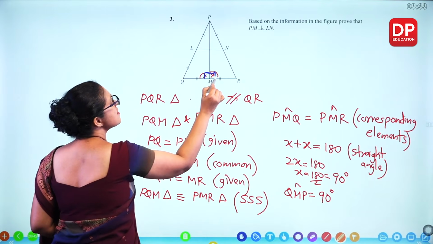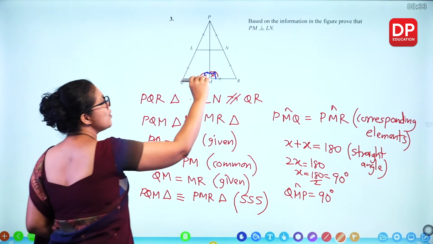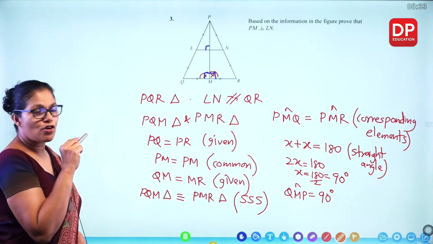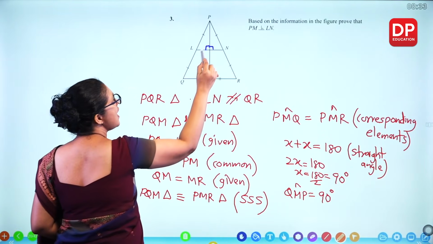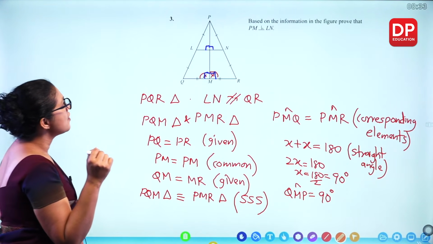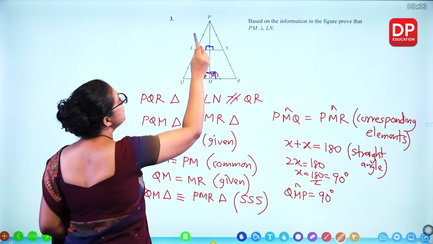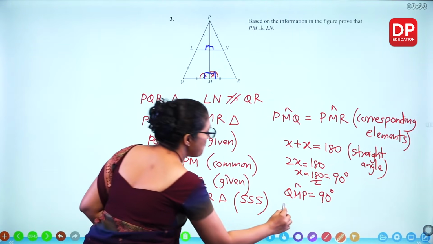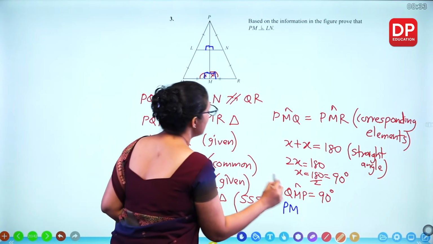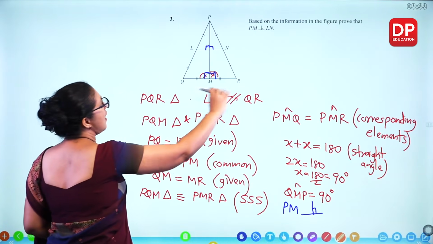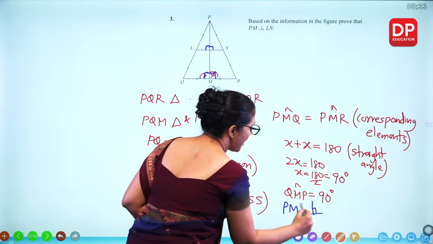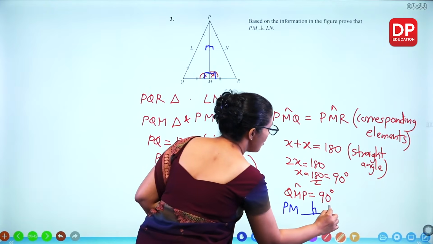This is 90 degrees. This is also 90 degrees. And we know these two are parallel. So what can you say about this angle? This is also 90 degrees. These two are 90 degrees because of corresponding angles. So we can straight away write down PM side is perpendicular to either QR or LN. So we need LN, so straight away we can write PM is perpendicular to LN.